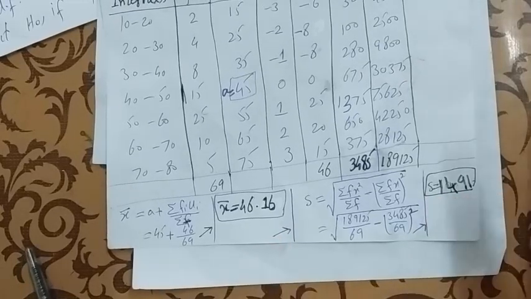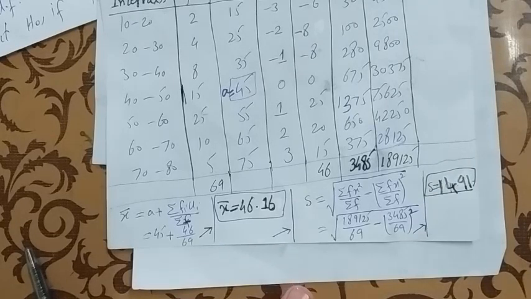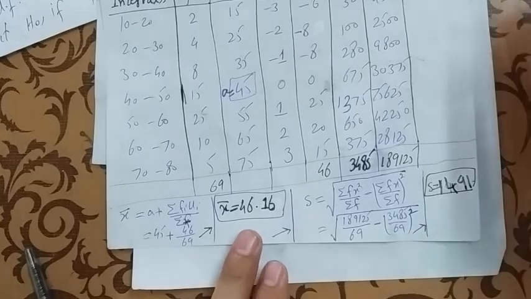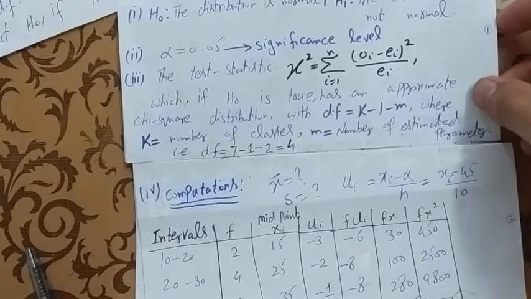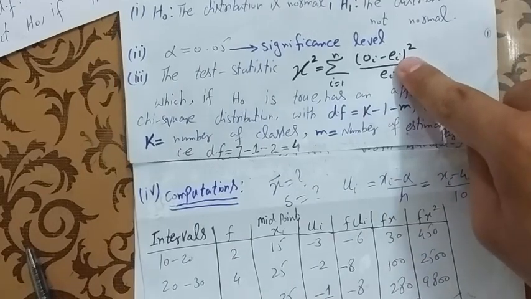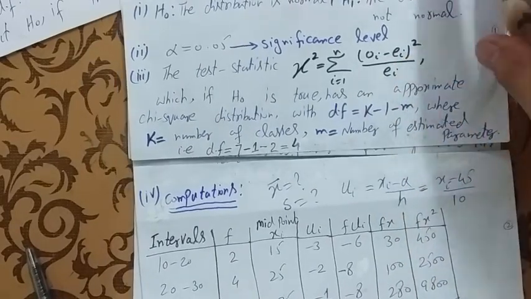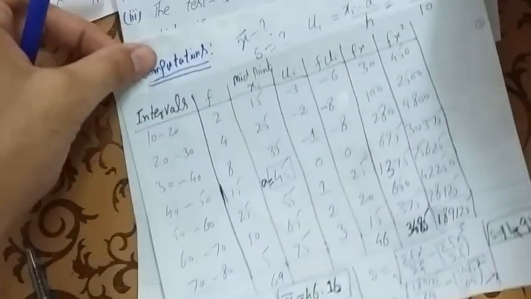Now we have computed S and the mean, because these are the two important things to formulate the expected value, which are given in the formula. Now we go to the next.